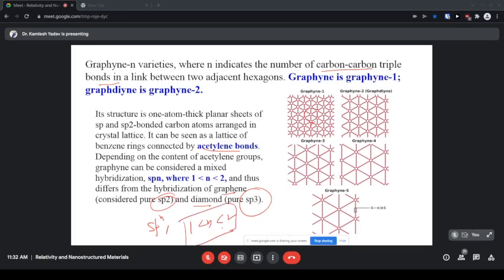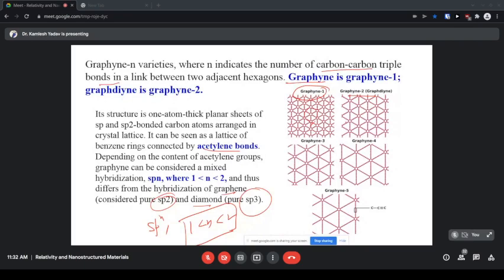In between we can modify it. This type of structure 1 is known as graphyne, and structure 2 is known as graphdiyne. Here there are more double bonds.